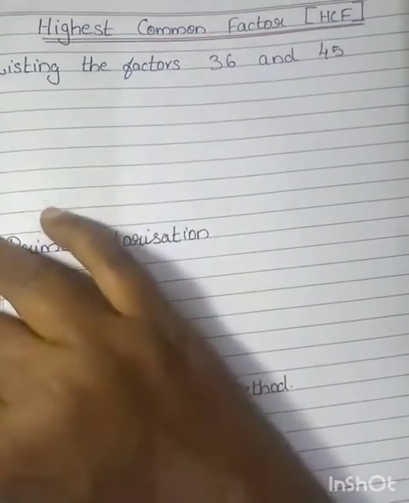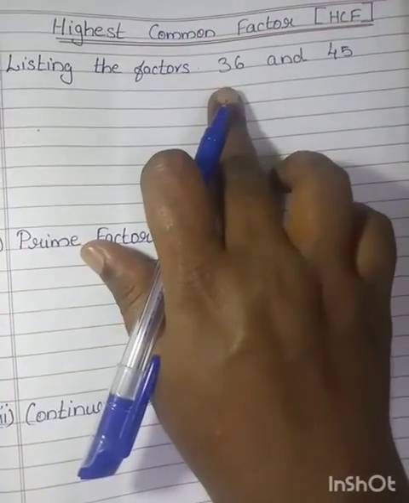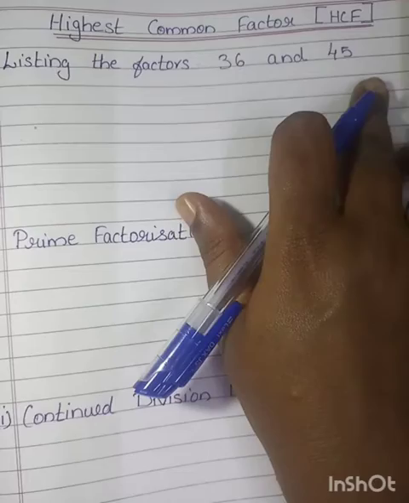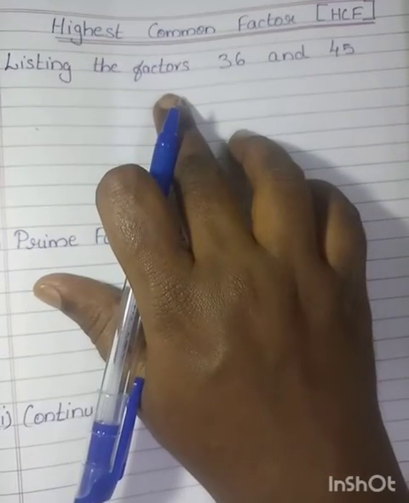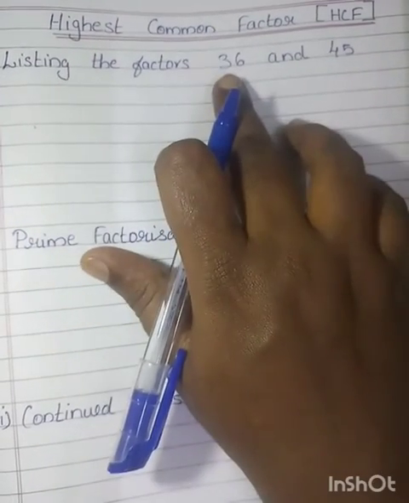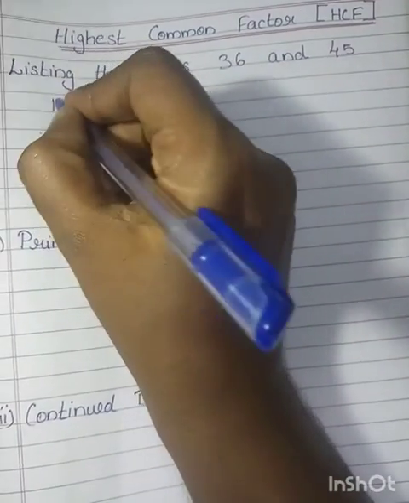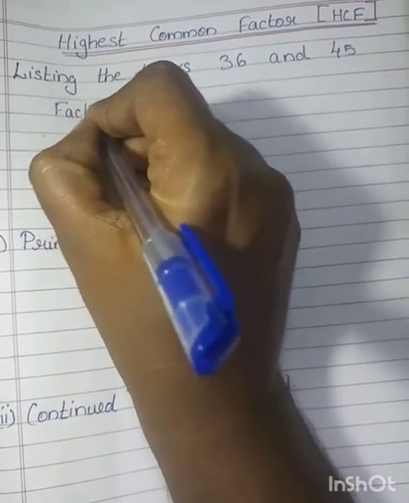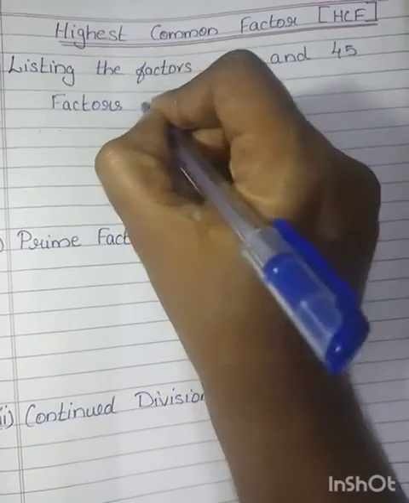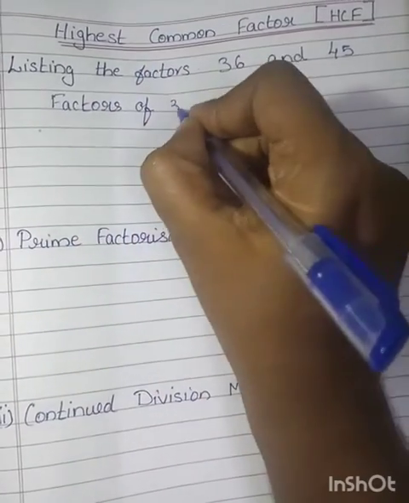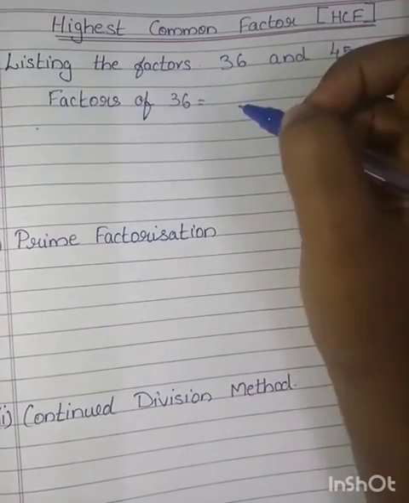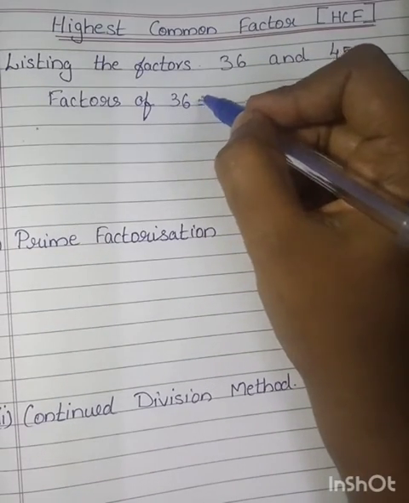So first let us do the listing of factors for 36 and 45. Listing the factors means you have to list the factors of 36 as well as 45. The factors of 36, factors means the table in which the 36 is going.